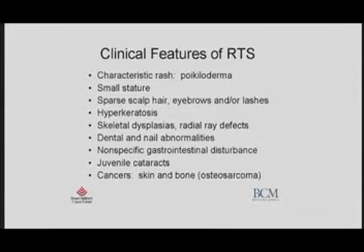In addition, patients can have many other clinical features, including symmetrical small stature, sparse or even absent scalp hair, eyebrows, and/or eyelashes, hyperkeratosis or thickening, especially of the soles and palms of the hands and feet, skeletal or bone abnormalities, including radial ray defects, dental and nail abnormalities, nonspecific gastrointestinal disturbance, usually in childhood, as well as the juvenile cataracts described by Rothmund. Importantly, these patients have an increased risk of developing skin cancer, typically squamous or basal cell carcinomas, as well as bone cancer or osteosarcoma.